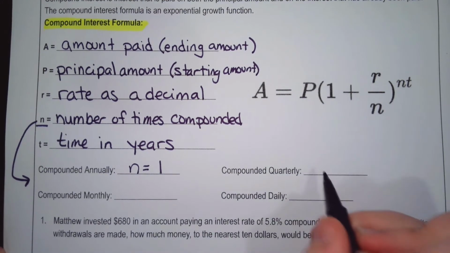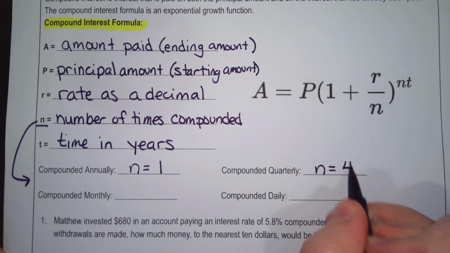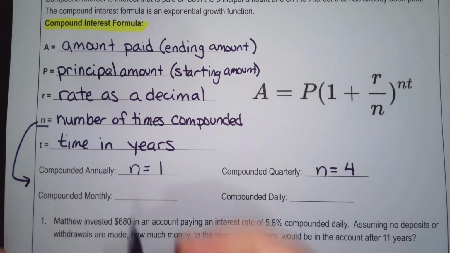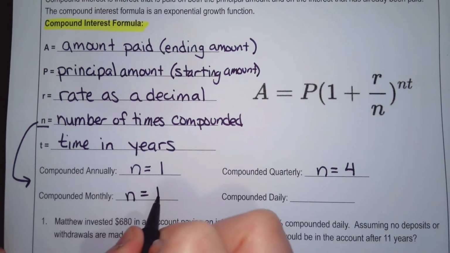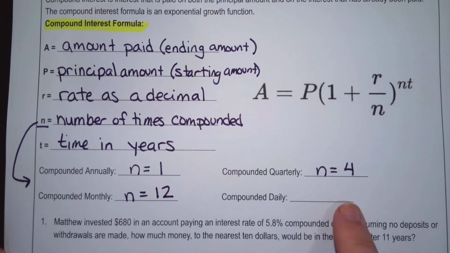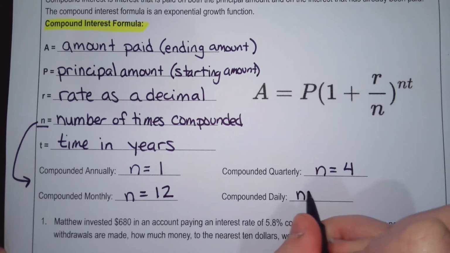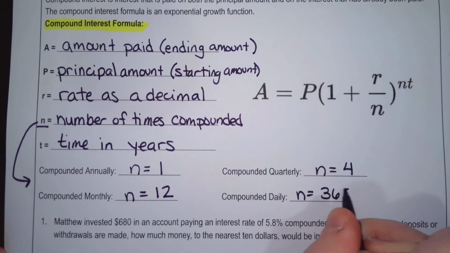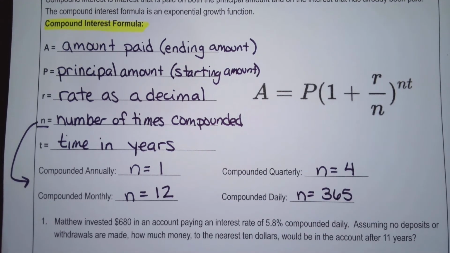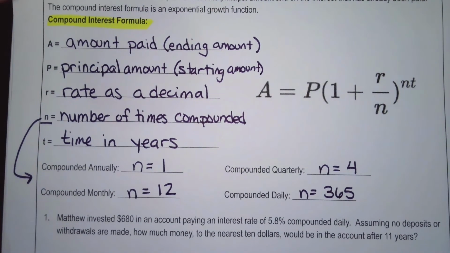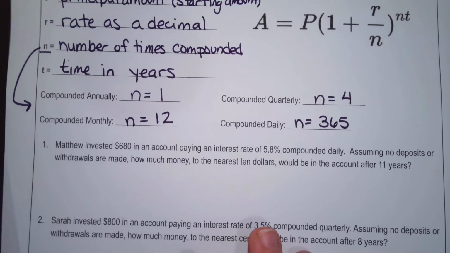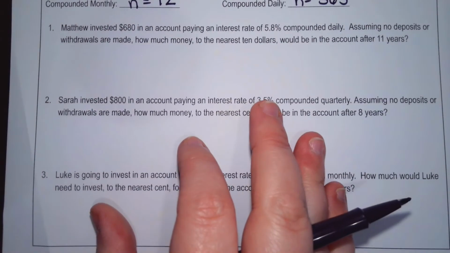Compounded quarterly, N is equal to 4. Monthly, N is equal to 12. And then daily, N is equal to 365. So you need to make sure you read the problem correctly. All right? So now let's get into some problems.